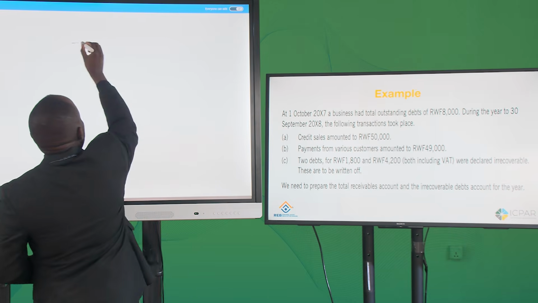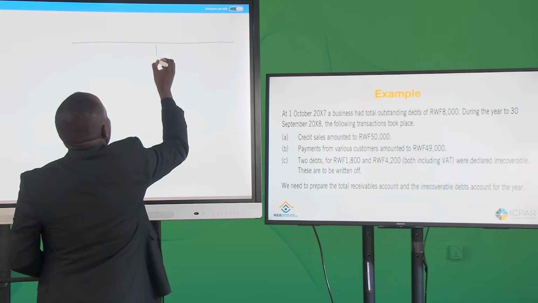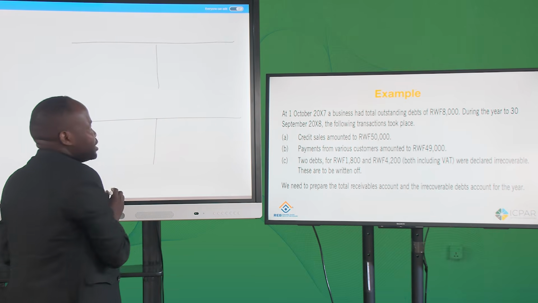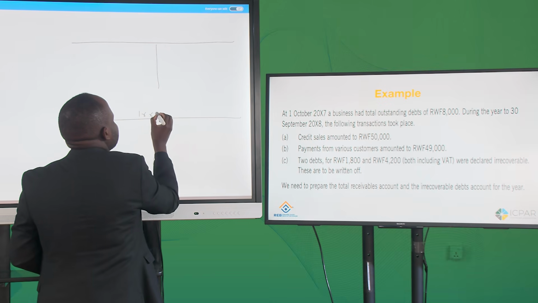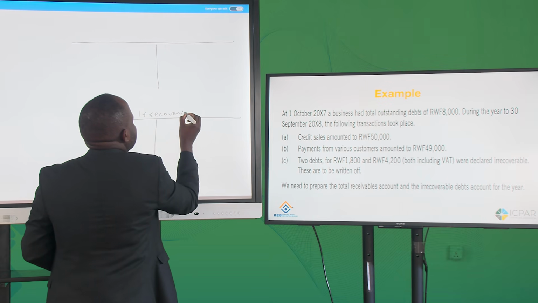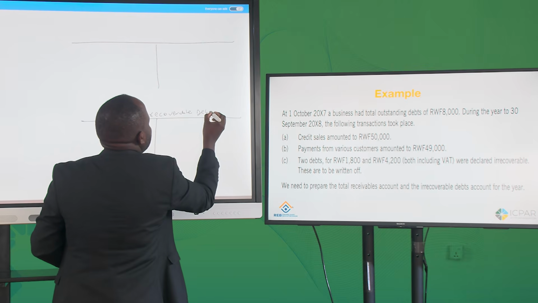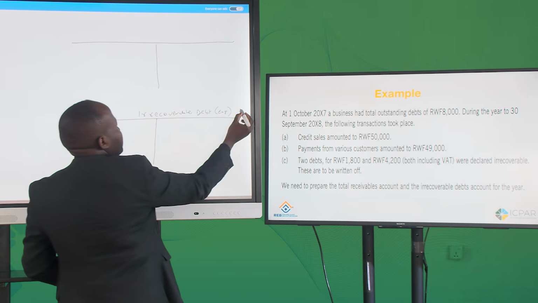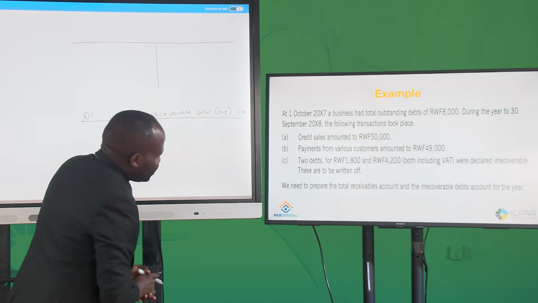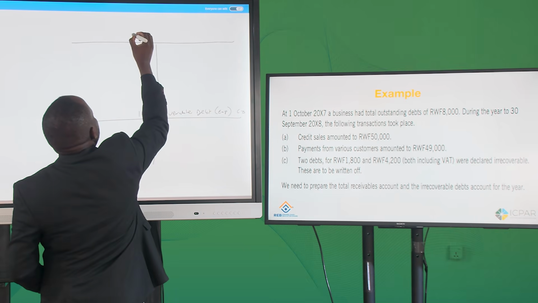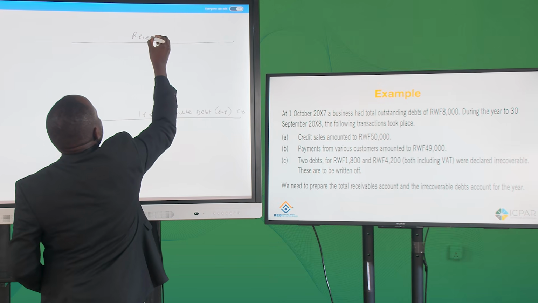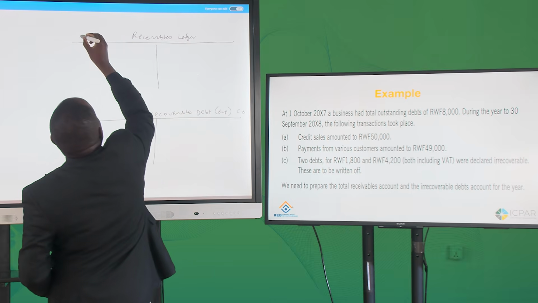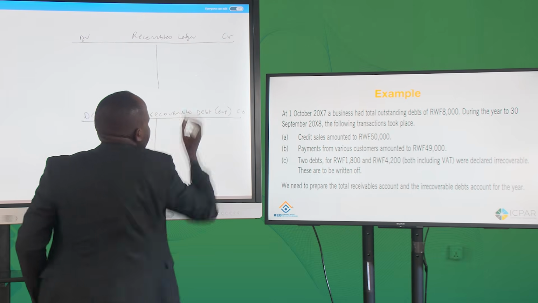So when we are preparing our receivables accounts, and also maybe we'll have the bad debts or irrecoverable debts, which we have said is an expense, there is a debit side and there is a credit side. And then there is the sales ledger or receivables ledger. So we have something like that.